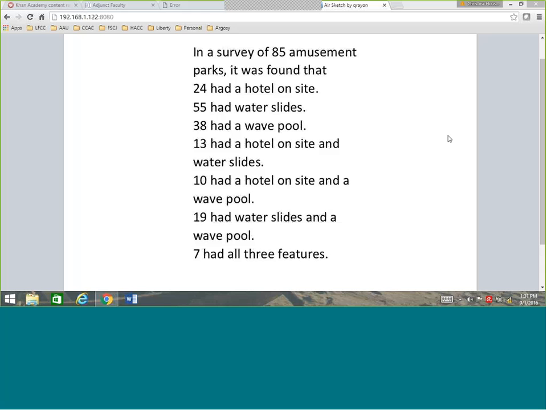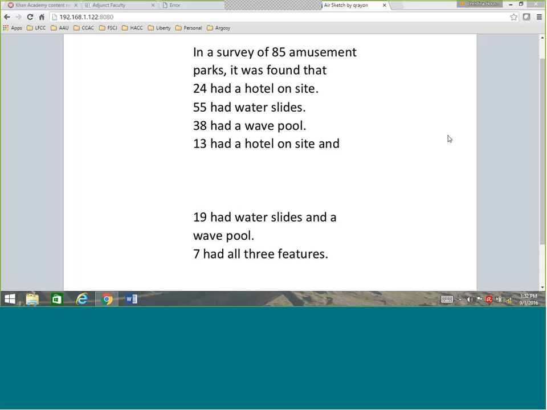It's tempting to read this list and then go through the list of questions and try to answer them, but that's not going to work. What you have to do is read the list and then draw the Venn diagram. And just like we did in the last problem, we're going to use the Venn diagram to answer the questions. Because if you notice, the answers may not be on this list.